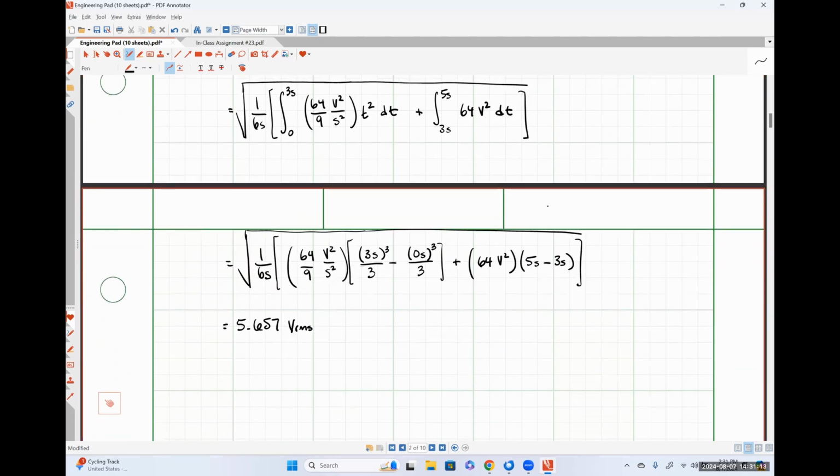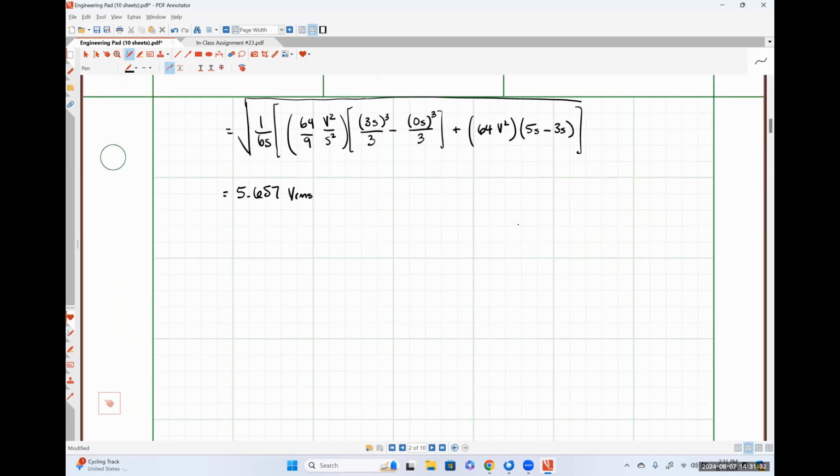So that is an example of determining the effective value of just some made up signal, okay? Now let's talk a little bit more about effective values for signals that we see commonly in electrical engineering, okay? So let's say that I have a current signal this time.